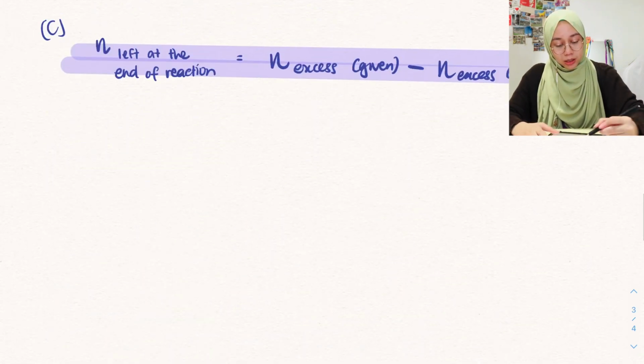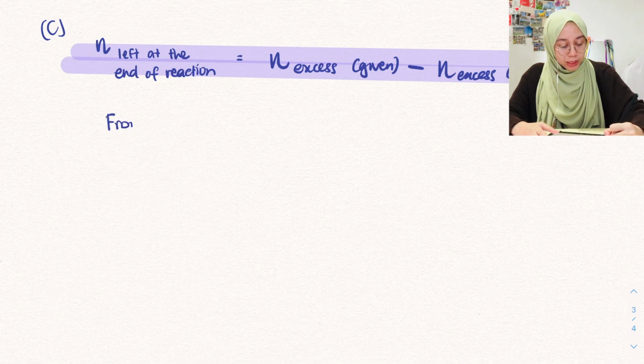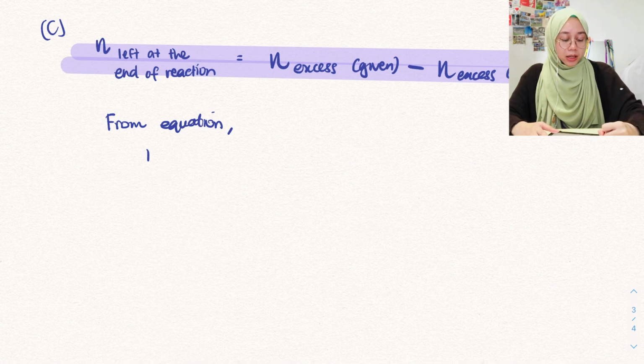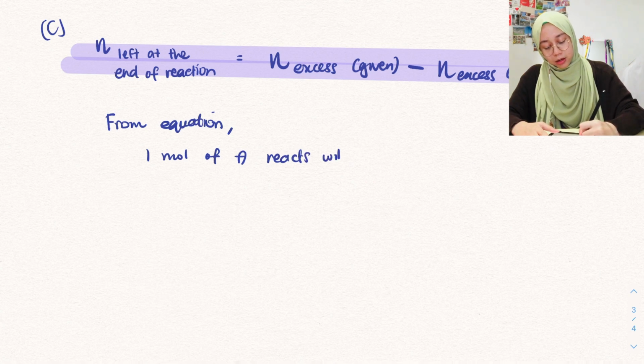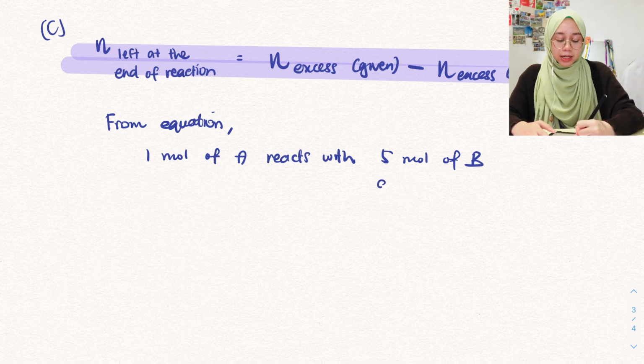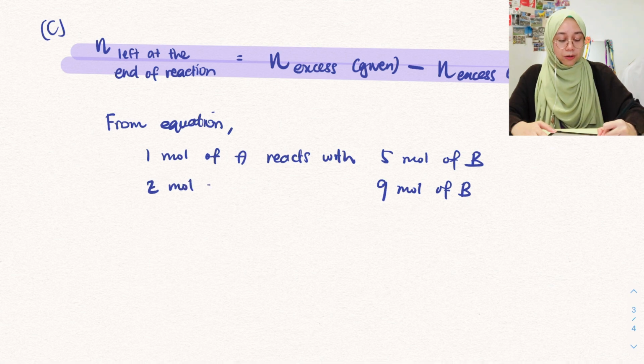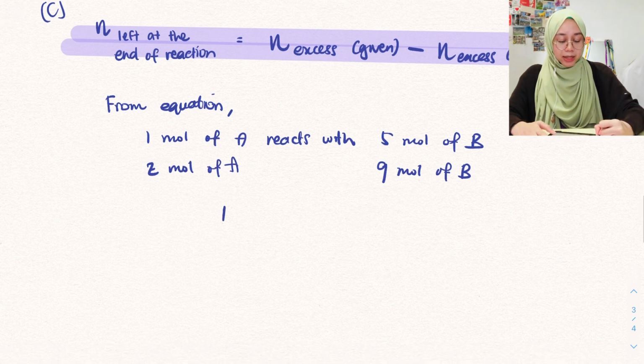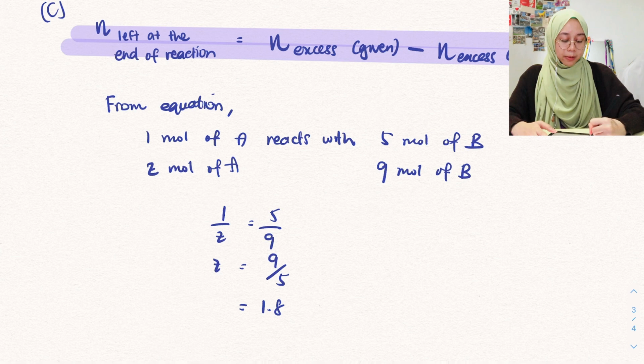Okay, so now kamu nak kena buat from equation lagi. So from equation, basically again sekali lagi 1 mol of A reacts with 5 mol of B. Okay, but then kita ada 9 mol of B, therefore kita ada Z mol of A. Okay, whereby Z is equals to, kamu akan dapat Z equals to 9 divided by 5, so you will get 1.8 mol dekat sini.